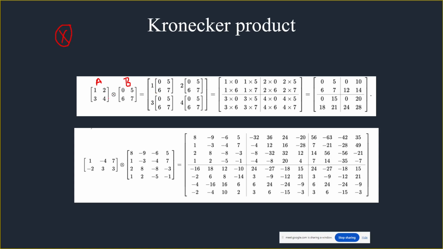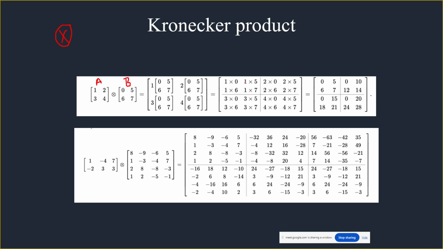We will do it with the other three elements too. Here we are doing 1 multiplied by matrix B, then 2 multiplied by matrix B, then 3 multiplied by matrix B, and finally 4 multiplied by matrix B.